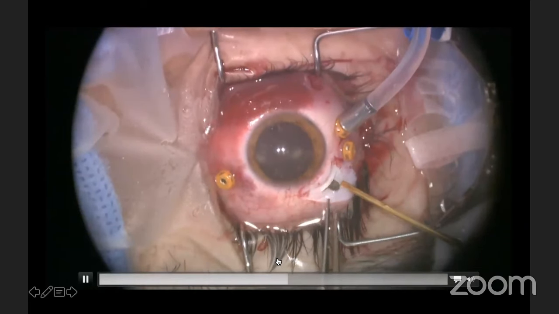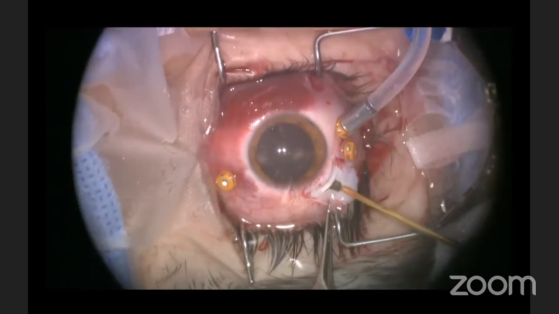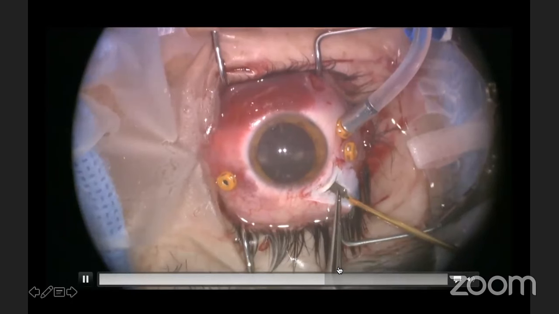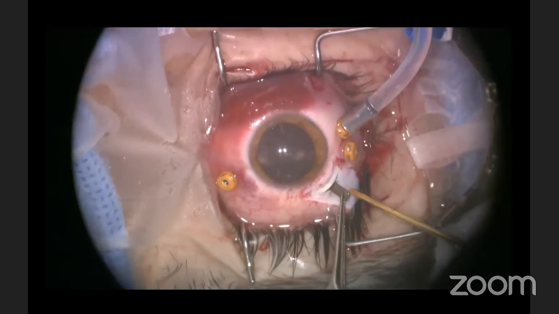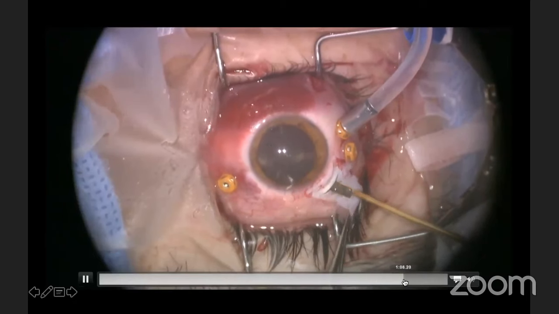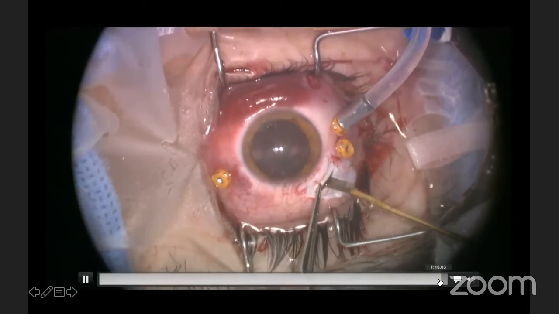So we should never actually pull the foreign body forcefully. And you can see here, I attempted that, but then it ended well by just increasing the infusion pressure, and it pushed itself out with some help.